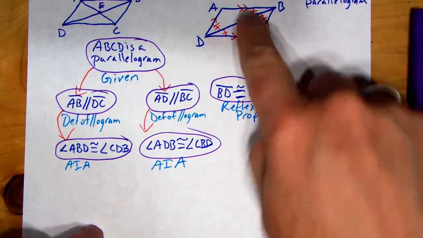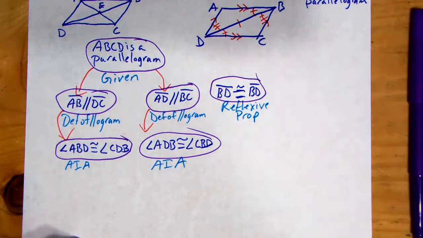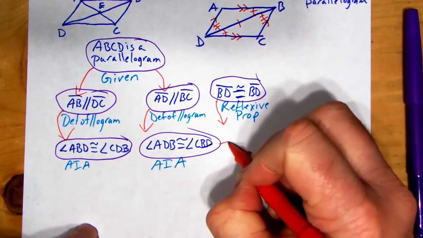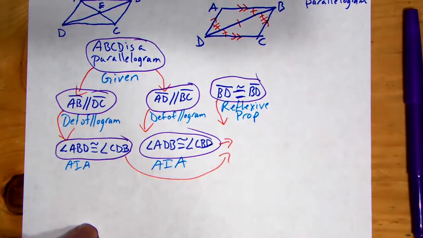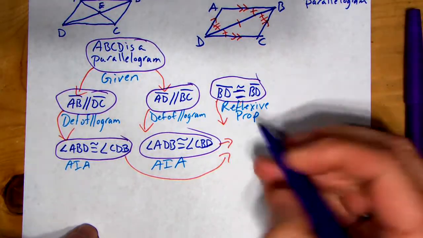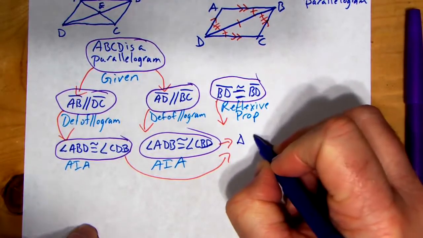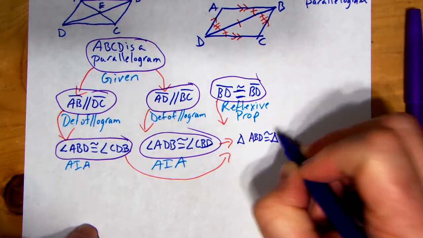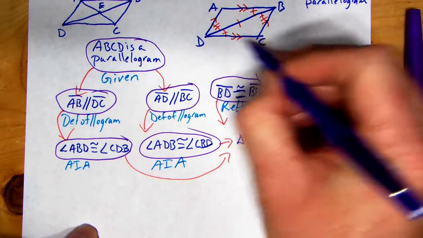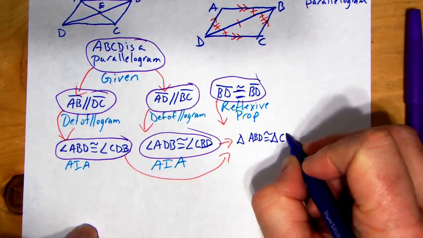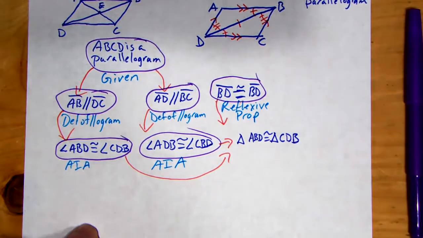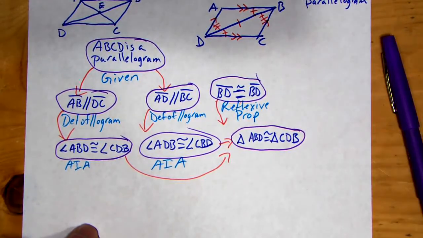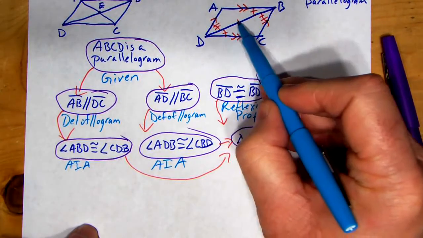Now in this picture, we have enough information to say that the two triangles are congruent. So we can bring this statement and this statement together to say triangle ABD is congruent to triangle, so we want A to B to D, so this one's got to be C to D to B. That's true because of angle, side, angle.